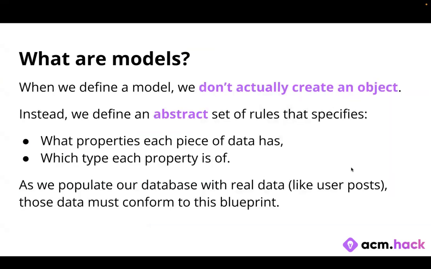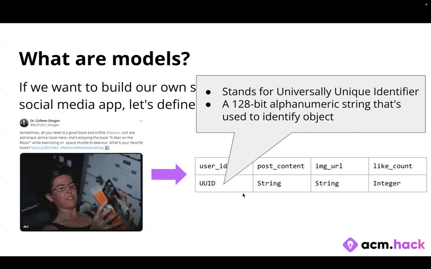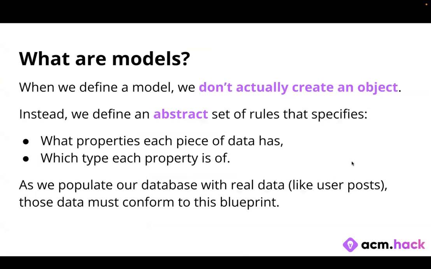As a quick technical detail, when we define a model, we don't actually create an object. When we set up this set of rules for a post, we have not created a post itself. It's an abstract set of rules that specifies what properties each piece of data has and which type each property is of.